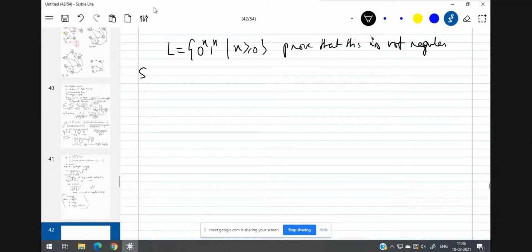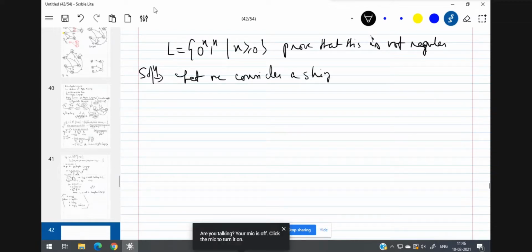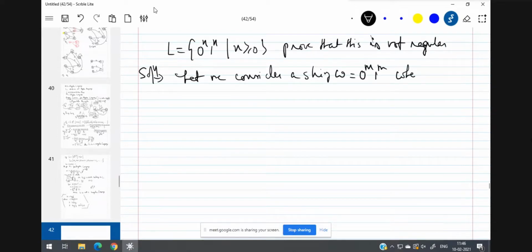Solution: let me consider a string W is equal to 0 to the power m, 1 to the power m, where m is less than n. It means the length of this language is twice n, but I have considered a value m, a string, a subpart of this language L.